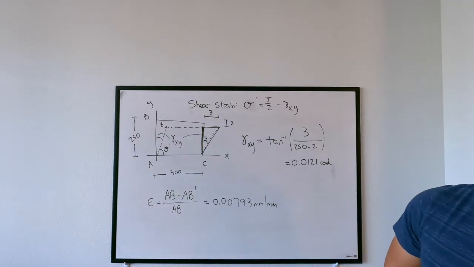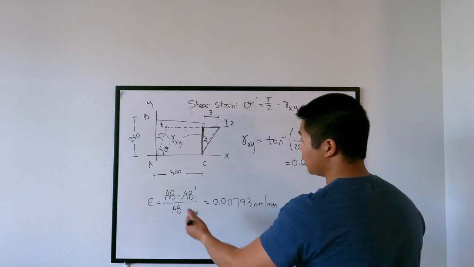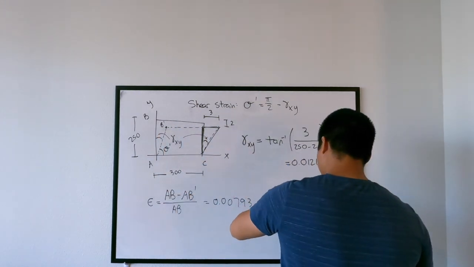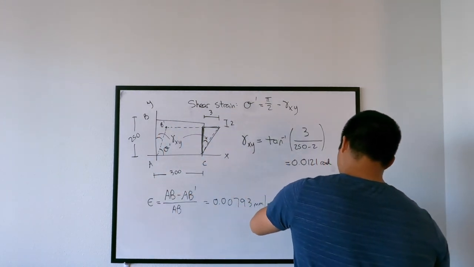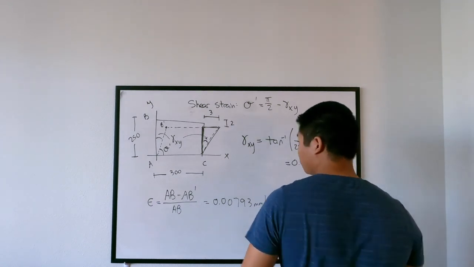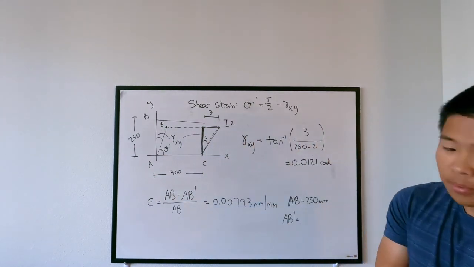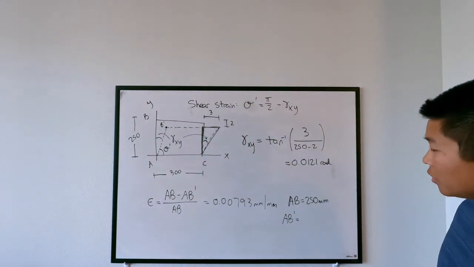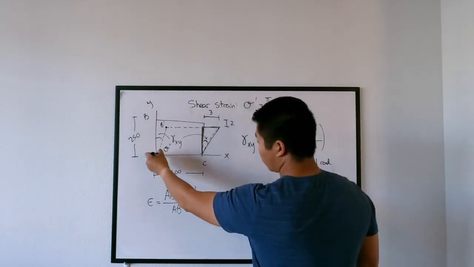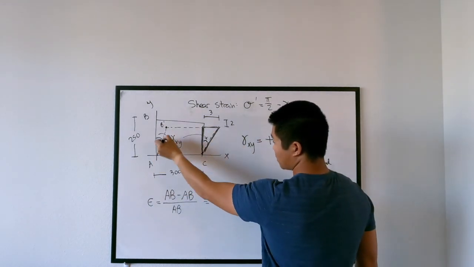Okay. And how do we find what AB and AB prime are? Well, AB is just this distance of 250 millimeters. AB prime is going to be equal to the square root, because this is a right triangle, right? So essentially we're looking for this distance right here, which is the same as this distance.